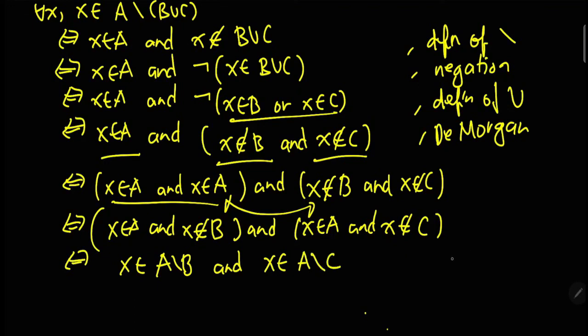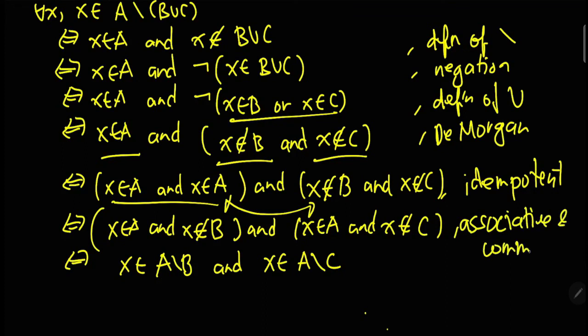So again, this statement here is from idempotent property. And then this statement here is from associativity and commutativity. And then this statement here is the definition of complement.